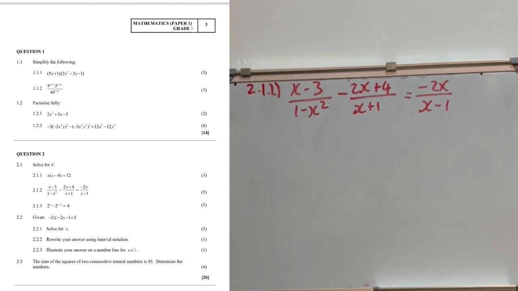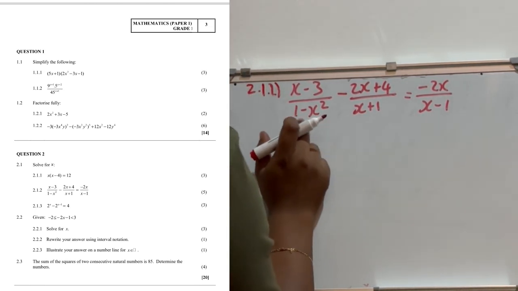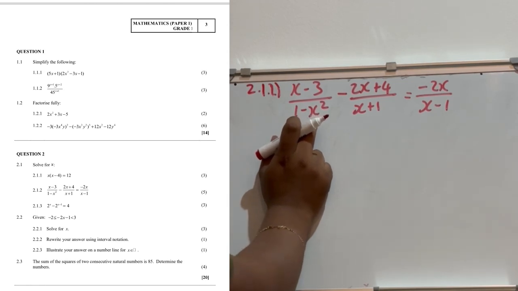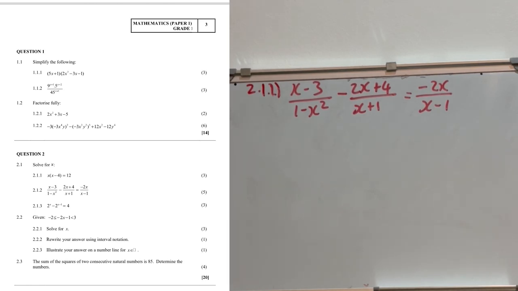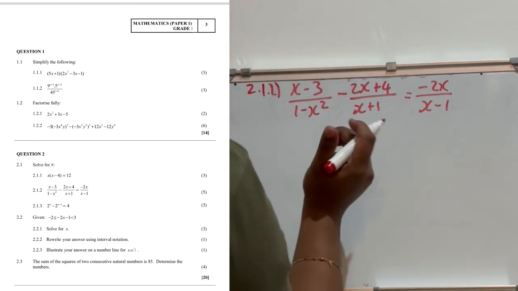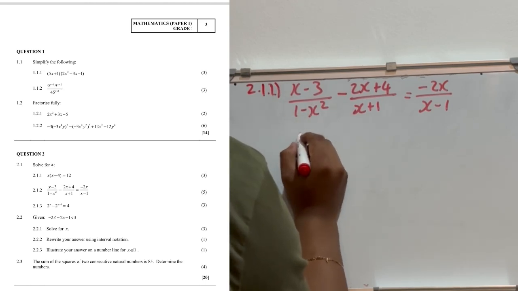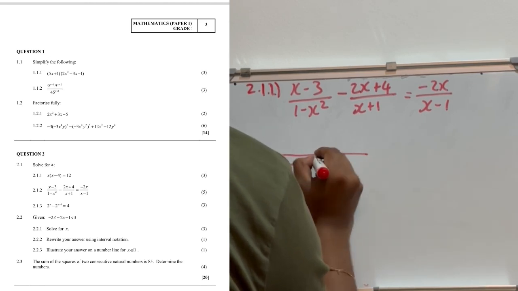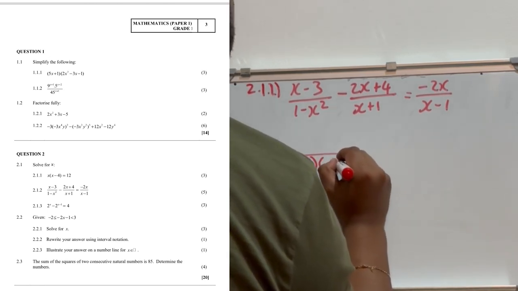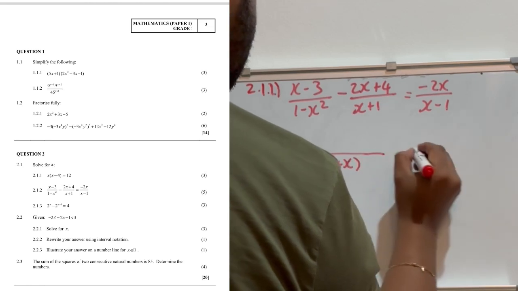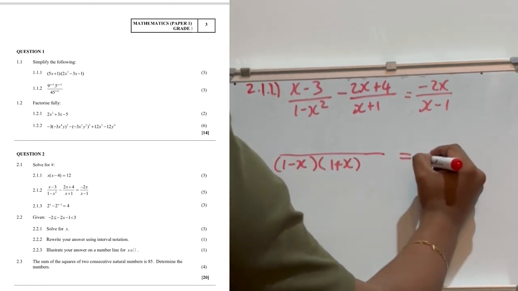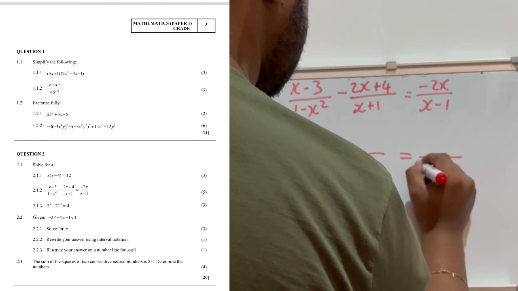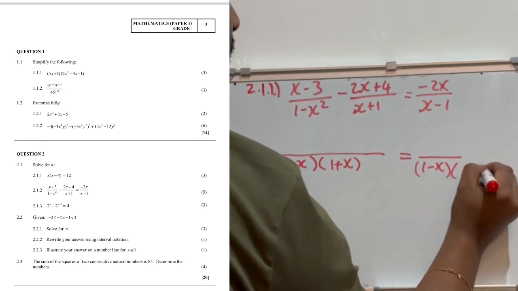So in this question, we can already see that if you factorize this difference of squares, it will be 1 minus x and 1 plus x. So we can put this over 1 minus x, 1 plus x on this side, and on this side we're going to say 1 minus x and 1 plus x.